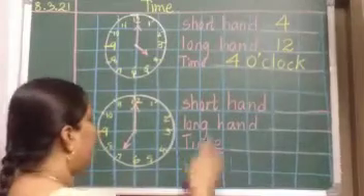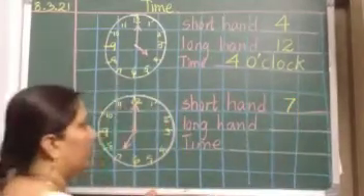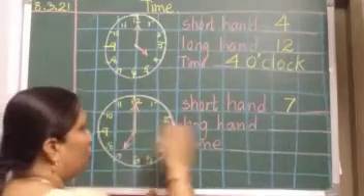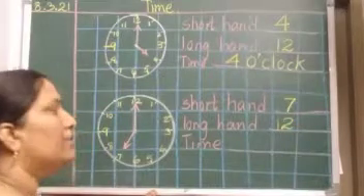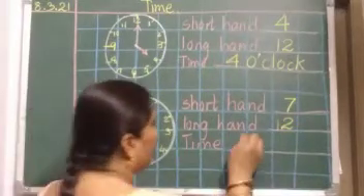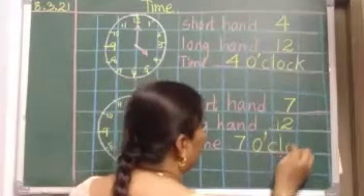The short hand is on 7. Write down 7 here. The long hand is on 12. Write down 12. So what is the time? 7 o'clock. Write down 7 o'clock.